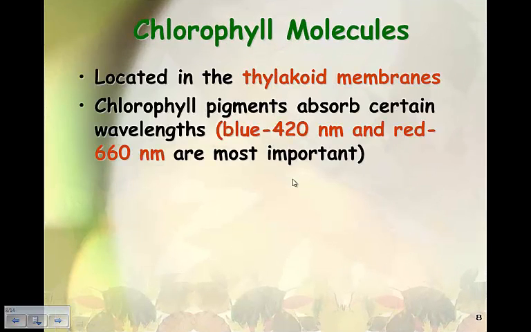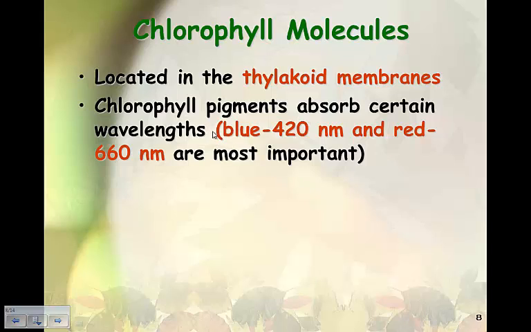All right, so let's look at the chlorophyll molecule. Now we've already done this in looking at the lab that we did last week and looking at the wavelengths of color. Chloro means green, and these chlorophyll molecules are located in the thylakoid membranes.